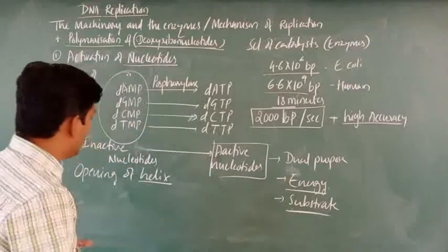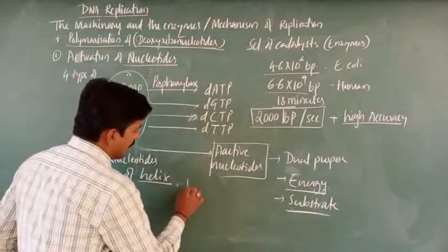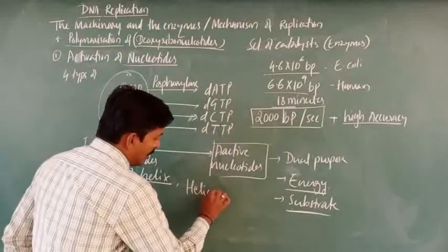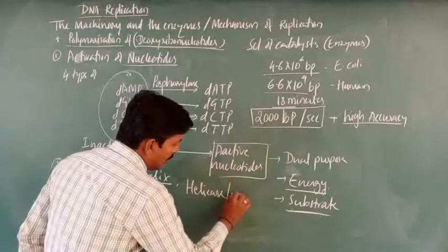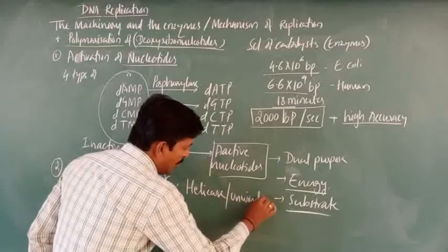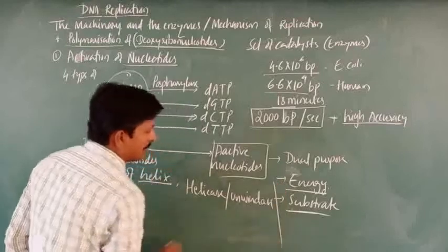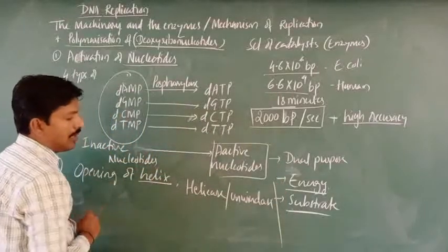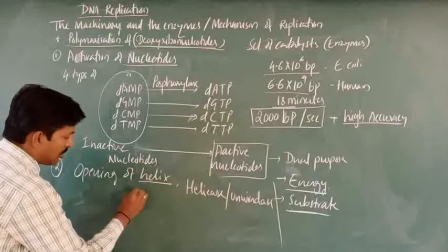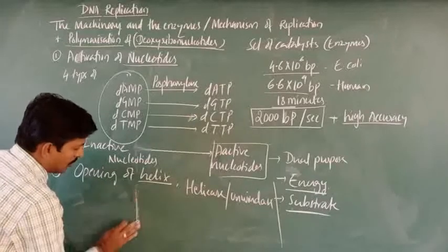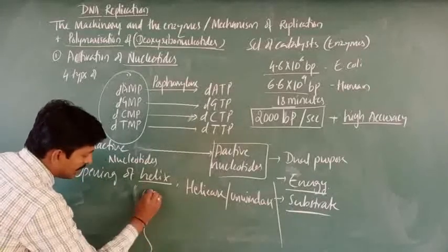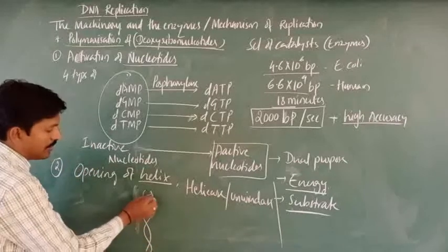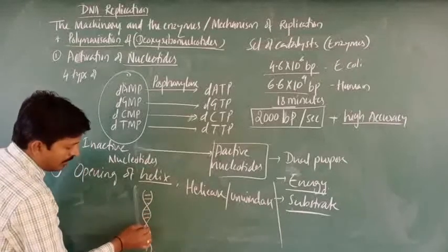Helicase is a very important enzyme. The unwindase or helicase enzyme can open this double stranded DNA.